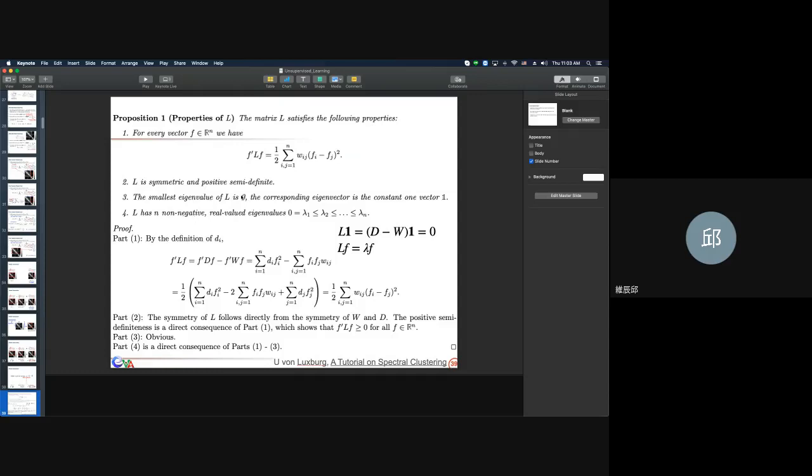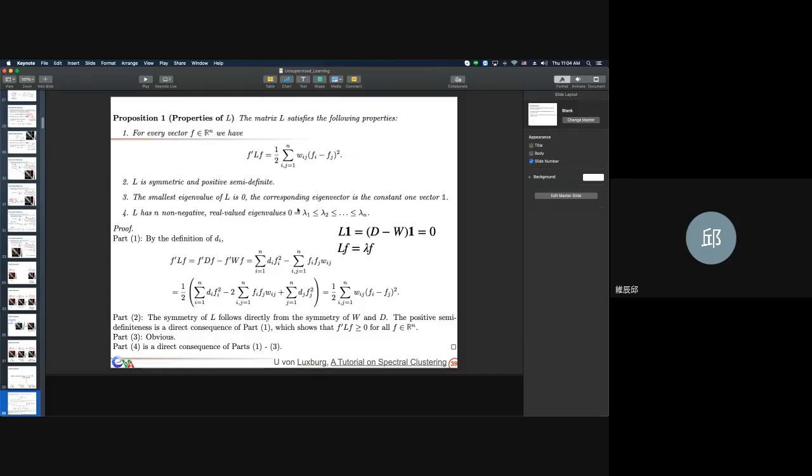But now the smallest one is 0, so all the others will be non-negative. Those eigenvalues can be represented by lambda 1 equal to 0, and all the others, lambda 2 to lambda n, are bigger than or equal to the previous eigenvalues. So that is the property of the graph Laplacian matrix.